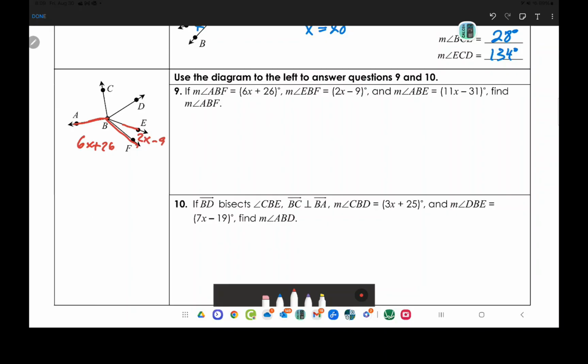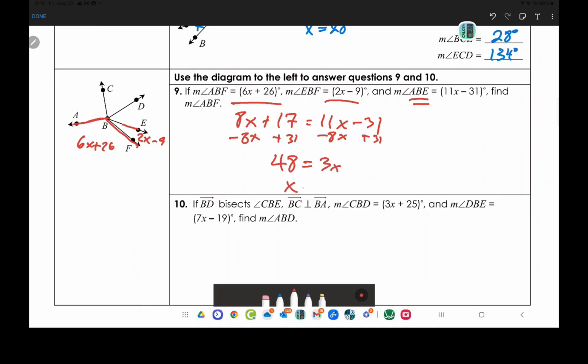If I add these two together, it should equal 11x minus 31. So 8x plus 17 is equal to 11x minus 31. Subtract the 8x, add the 31. We get 48 is equal to 3x, which means x equals 16.